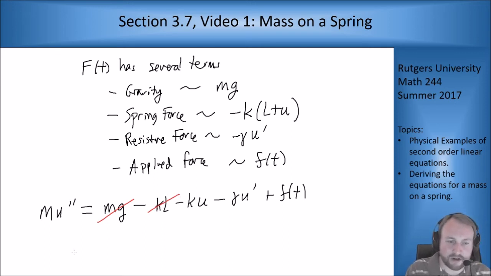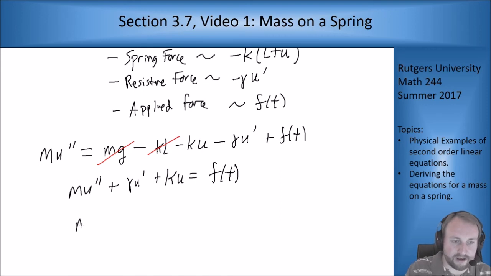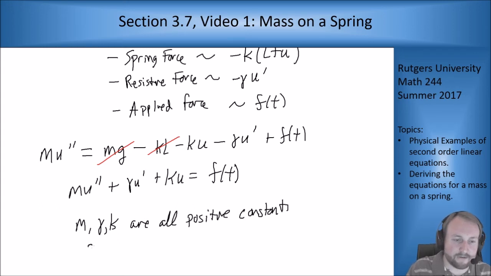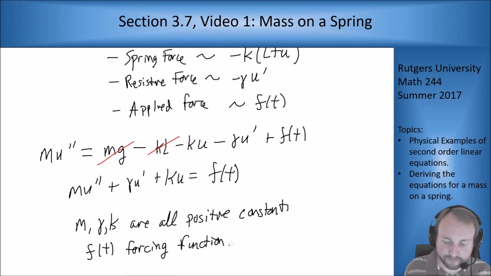So if I rearrange this equation, I get m u double prime plus gamma u prime plus ku equals f of t, where m, gamma, and k are all positive constants, and f of t is some function, which I'm going to call the forcing function, and we'll talk about that a little bit later when we start doing things from here.